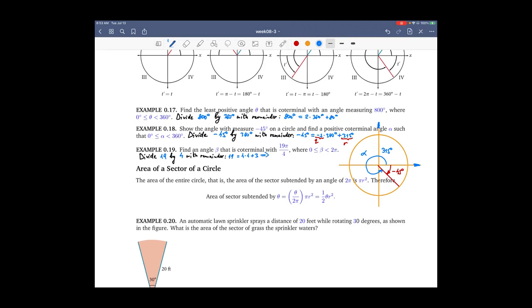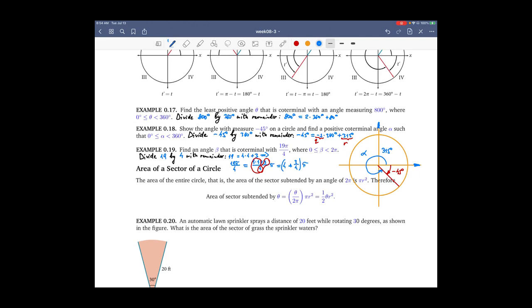And therefore, I can write 19 pi over 4 as 4 times 4 plus 3 over 4 times pi. When I divide 4 times 4 over 4, I of course get 4. Then I divide 3 over 4, times pi.